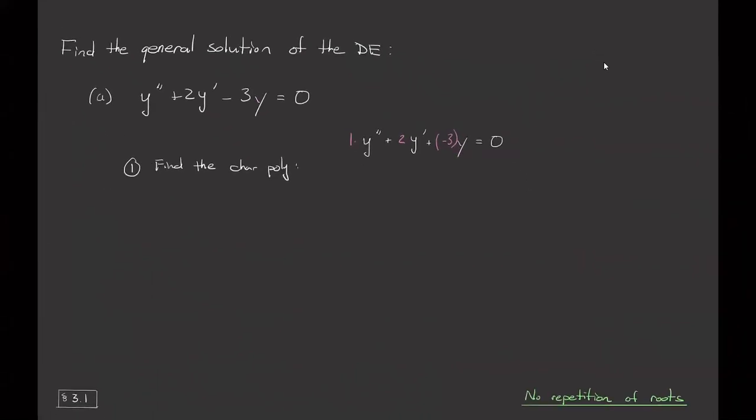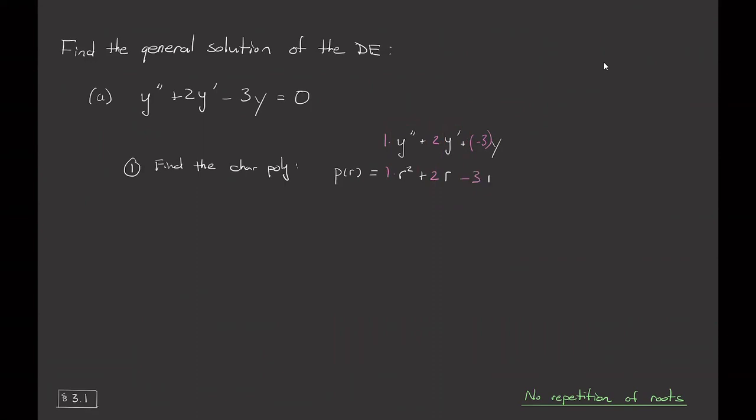All right. Now, when we do our characteristic polynomial, and actually I'm going to get rid of that 0, move it over a bit. We have p of r is equal to 1 times r squared, because it's the second order. So we get r squared. Then we get plus 2 times r. It's first order. So it's r to the 1. And then finally, we've got minus 3, just period.